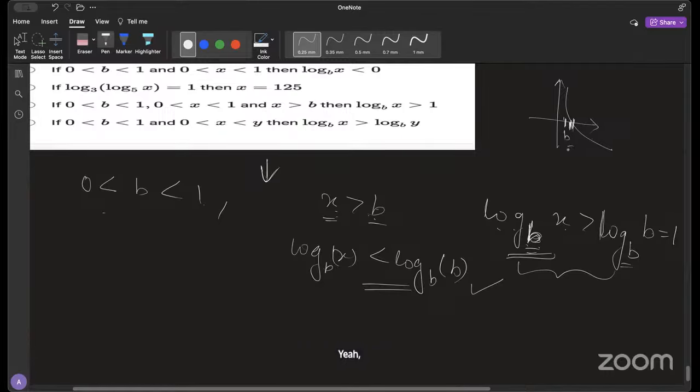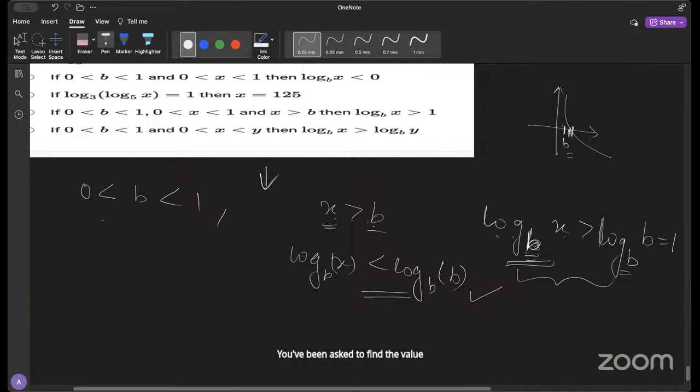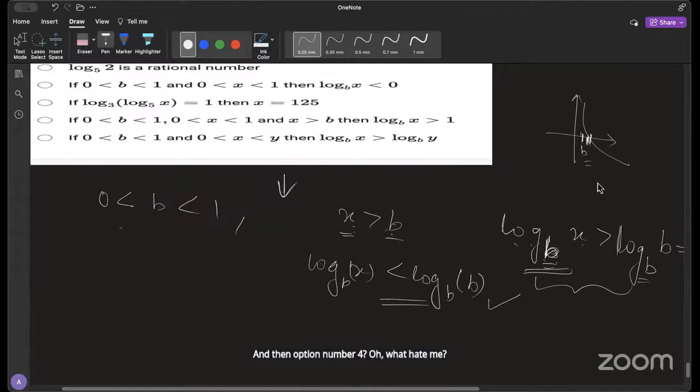Yeah, that works too. You have been asked to find the value, not this point. You have not been asked to find if x is greater than 1 or not. You've been asked to find the value of the option, log number 4 base. And which option are we solving? Third one. Oh, okay. Log 3 base 5 x equals 1.